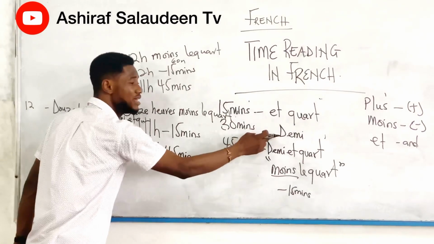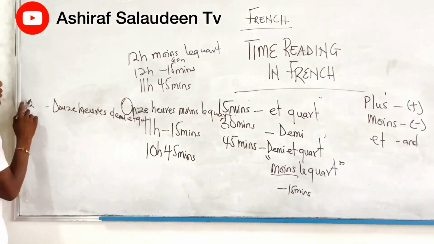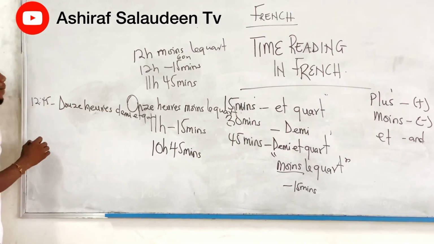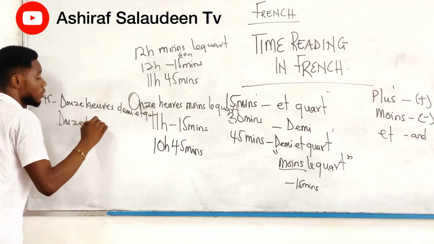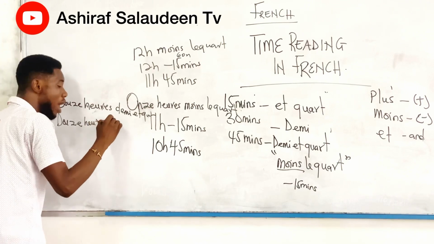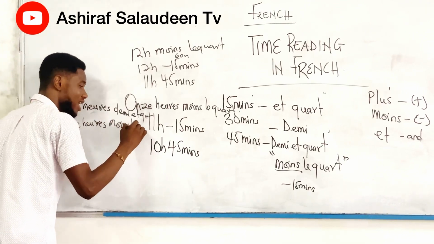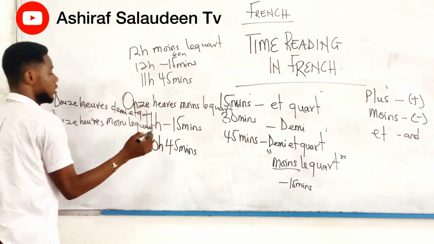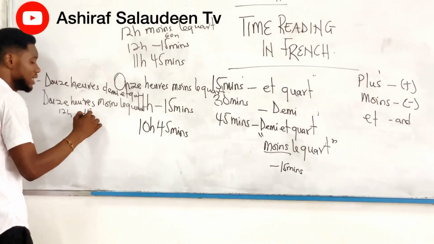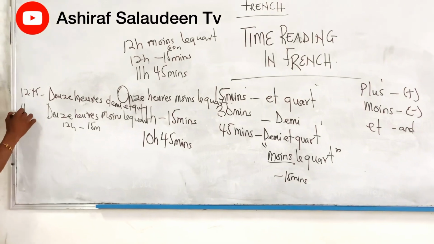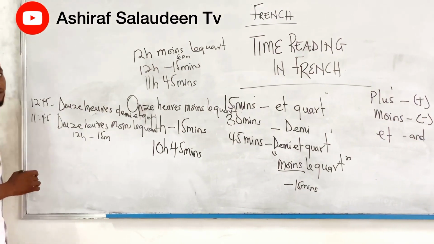Et demi is 30 minutes, and le quart is 15 minutes, so this means 12:45. But if you see 12h moins le quart, then this is 12 hours minus 15 minutes, which is going to be 11:45.